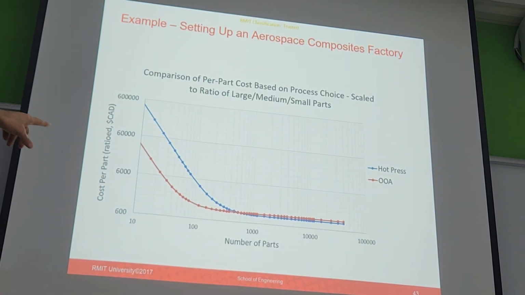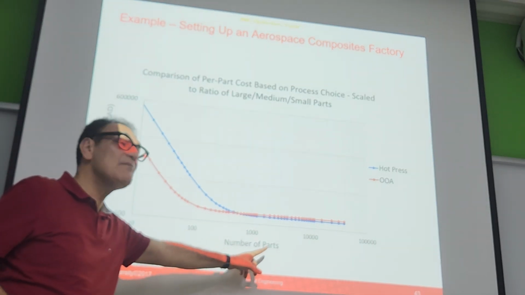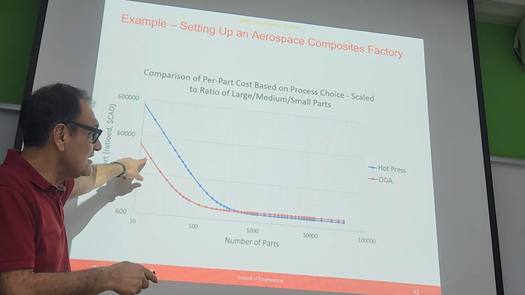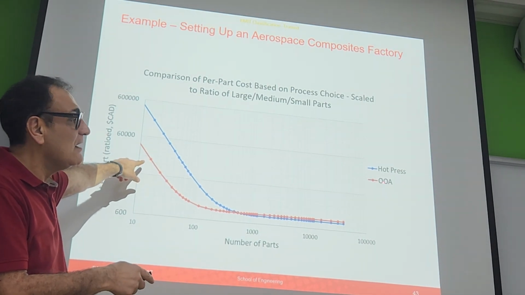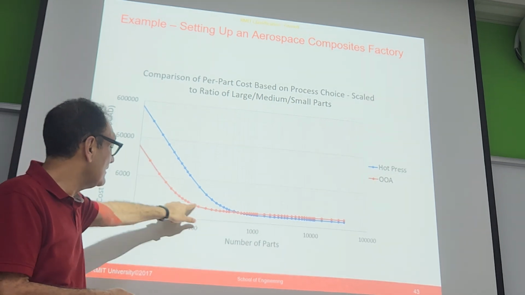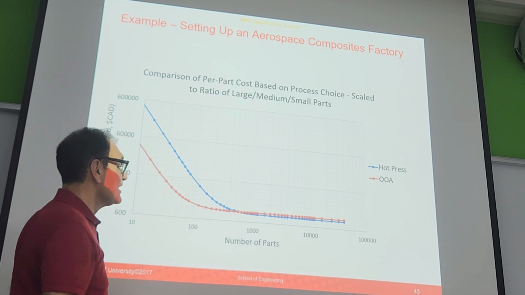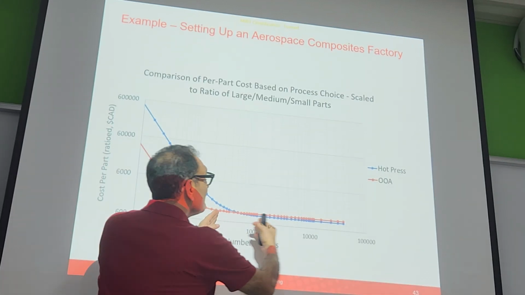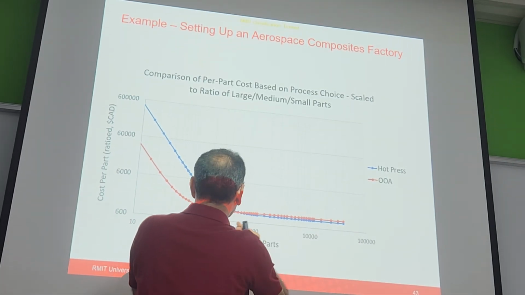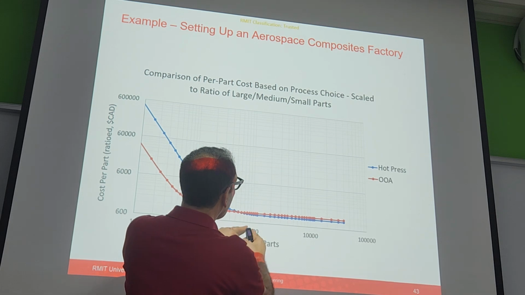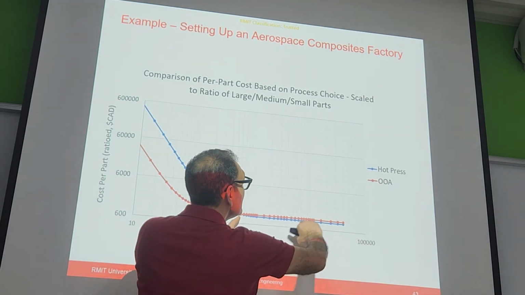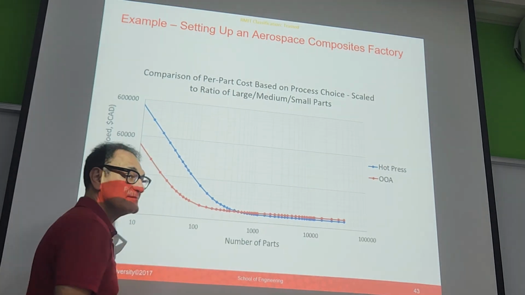It depends on the number of parts, how many. You see, OOA, autoclave, is less price if the number is low. But if we have a number more than 1,000, you can see hot press is better.